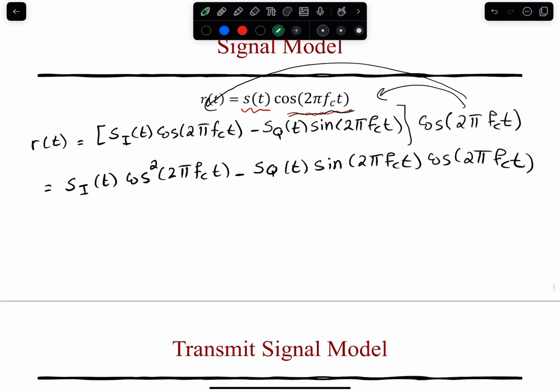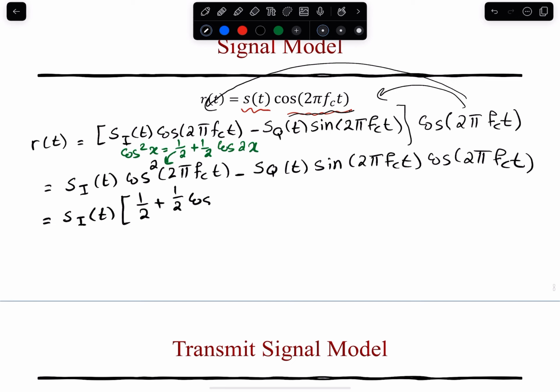The first one of them is cosine squared x equals half plus half cosine 2x, to expand this one over here. So this one is going to be s_I(t) multiplied by half plus half cosine 4πfct.